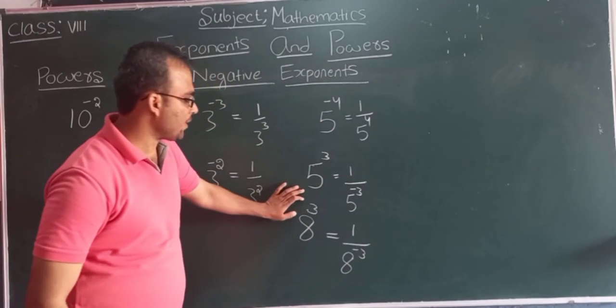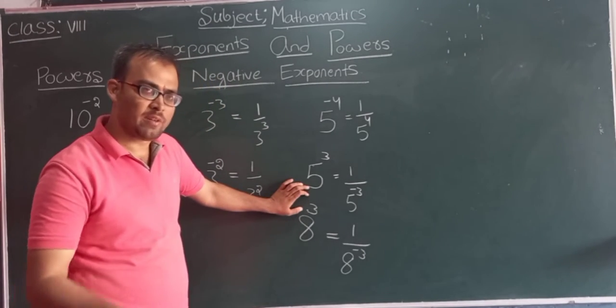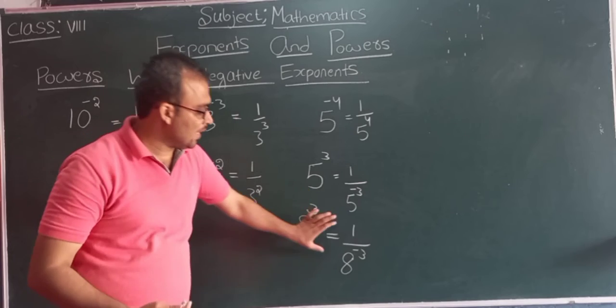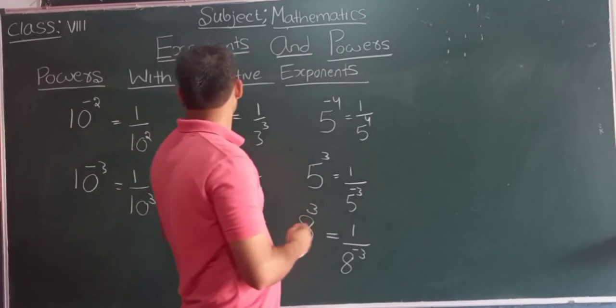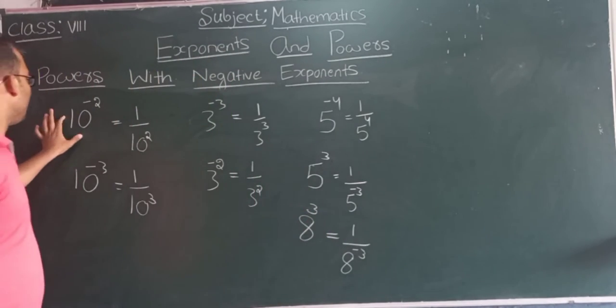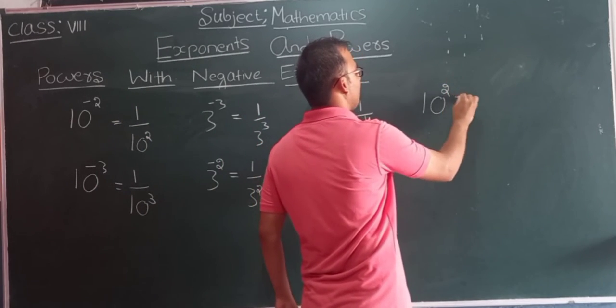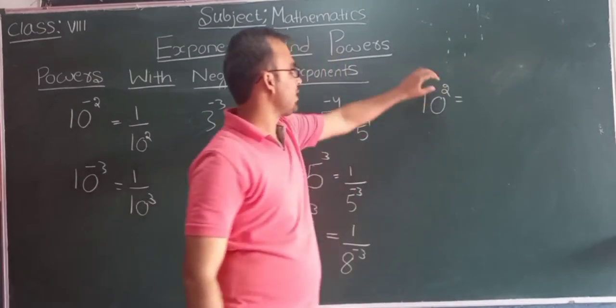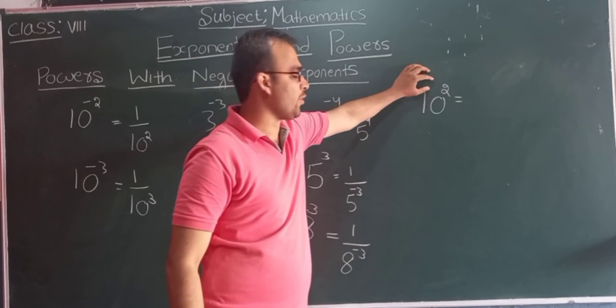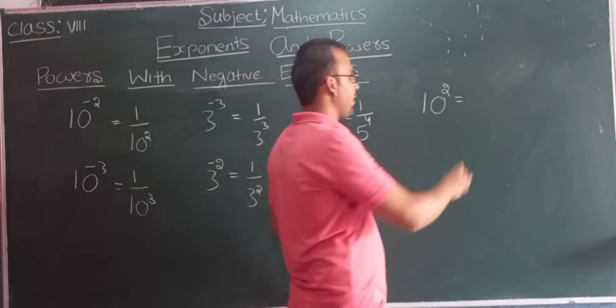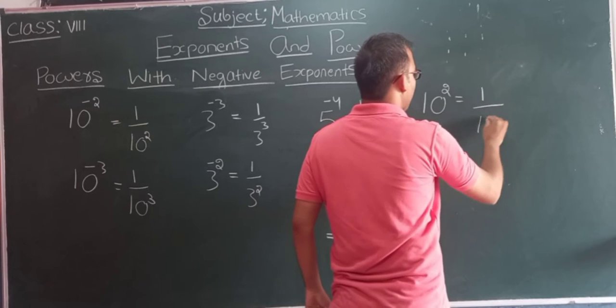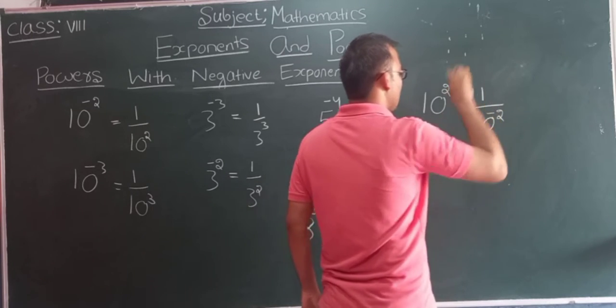You can represent this positive exponential value in negative way like this. Suppose take this one, 10 to the power 2 is there. If you want to express this positive power in negative form, then 1 by 10 to the power minus 2.